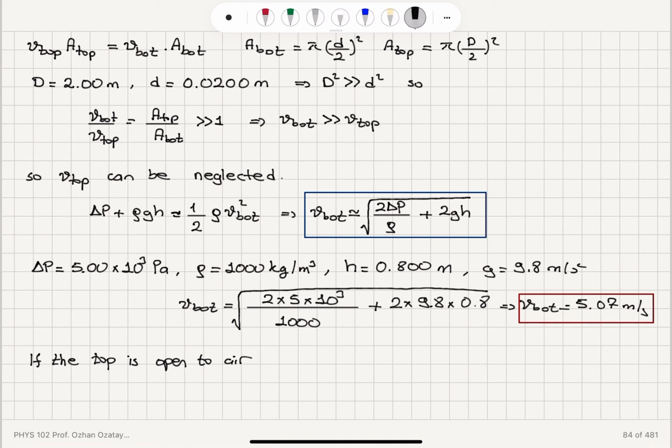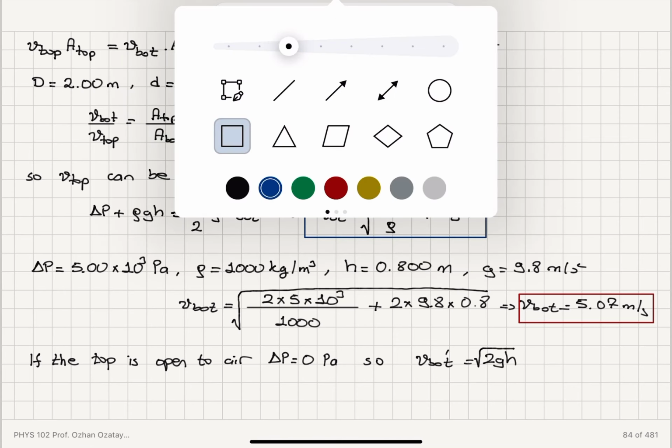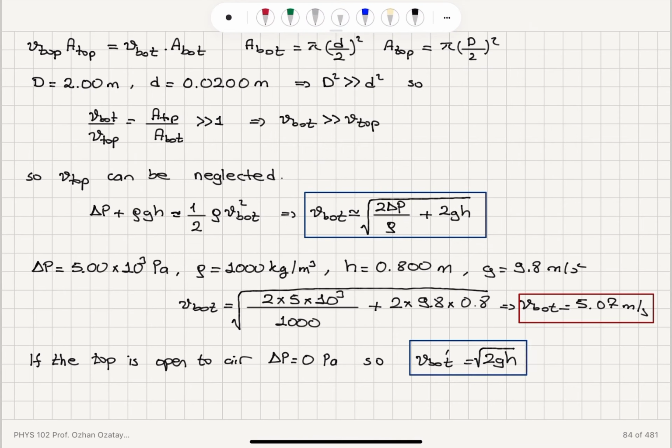So that is with this gauge pressure. Now, if the top is open to air, what would happen? Then I would have no gauge pressure. Delta P would be 0 pascals. So I would obtain V bottom prime. If you substitute delta P equals 0 here, this becomes the square root of 2gh, which is the result for free fall.